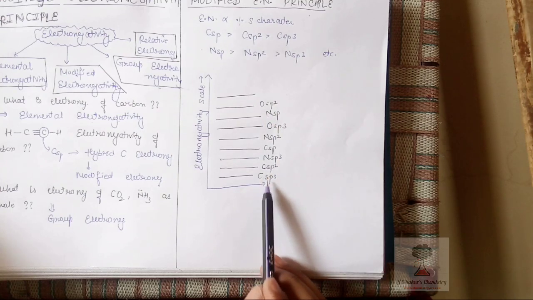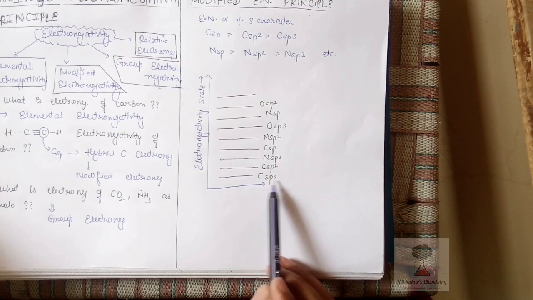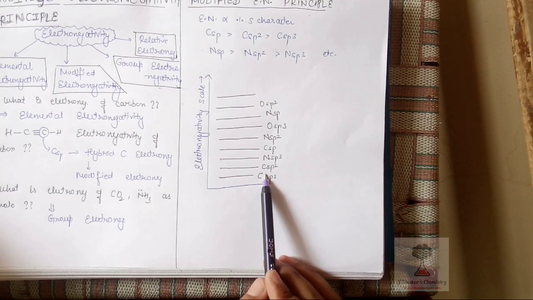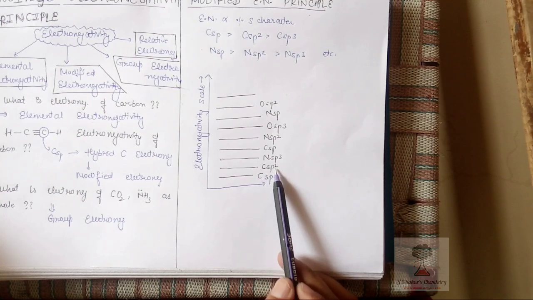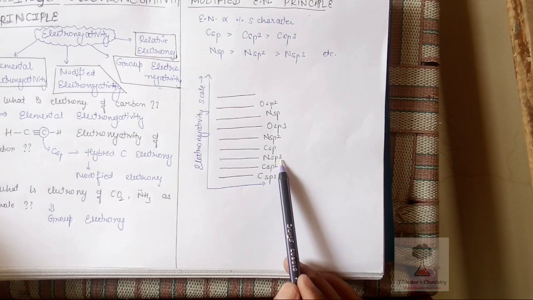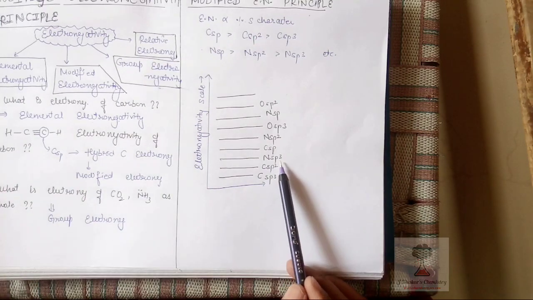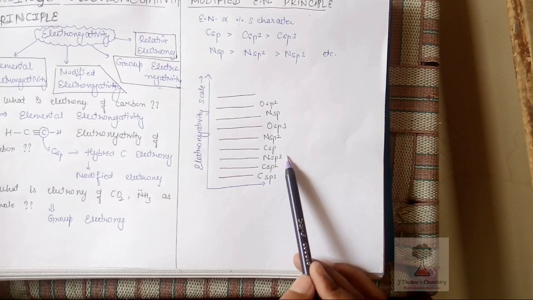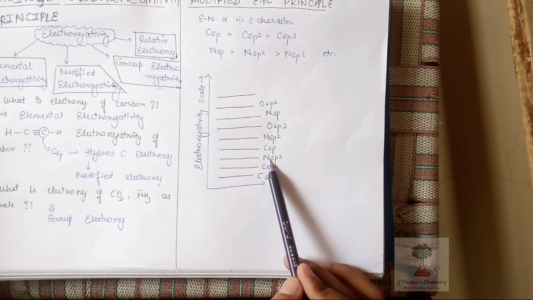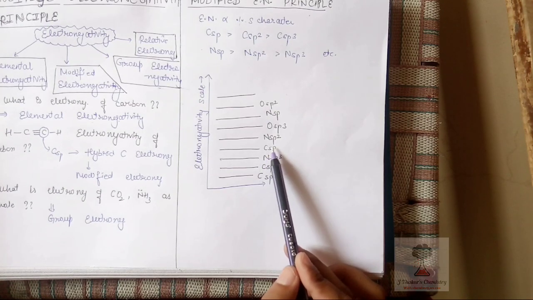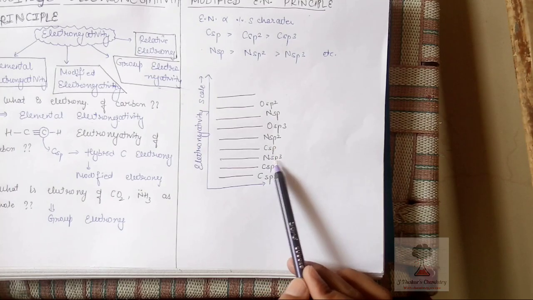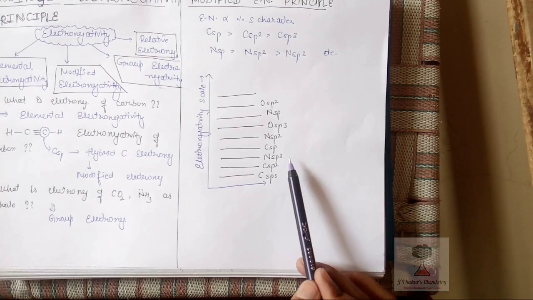The electronegativity of sp3 hybrid carbon is low, then sp2 hybrid carbon is higher. The electronegativity of sp3 hybrid nitrogen is less than that of sp hybrid carbon. This is one elemental period jump in the electronegativity of these elements.